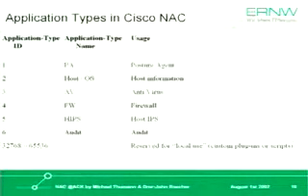Application ID 1 is the so-called Cisco posture agent, shorthand name PA, which collects information about the agent itself. Application ID 2 is Cisco host, which collects information about the host, like the running operating system, service packs, hotfixes, and stuff like that. And you see application ID 4 is firewall, application ID 3 is antivirus, so McAfee would have an application ID of 3 for antivirus, for example, okay?